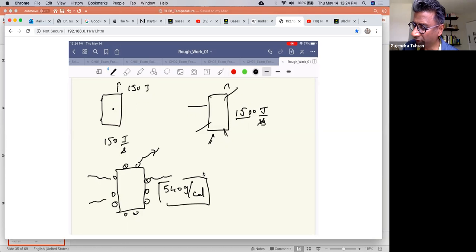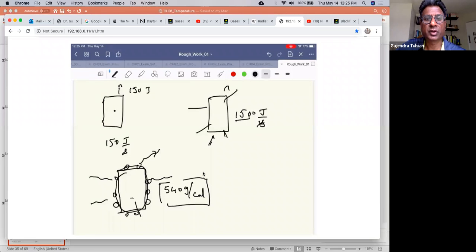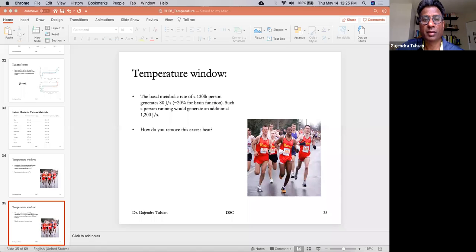Okay, and that's how you cool the system. So for instance, if you go to a doctor and get all your sweat glands removed, you would never be able to go for a run. Or if you did go for a run, that would be your last run. So we have extremely efficient cooling systems.